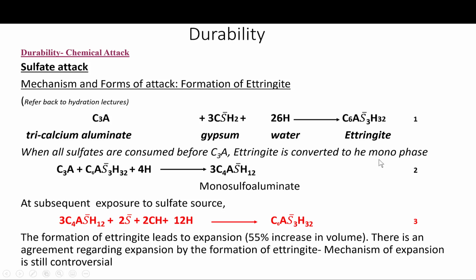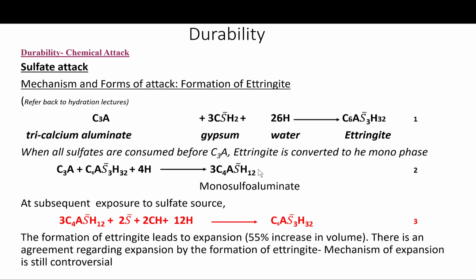After this, when all the sulfates are consumed from the system before C3A, ettringite is converted to the monosulfoaluminate phase, which is this one, the lower sulfate-bearing phase.